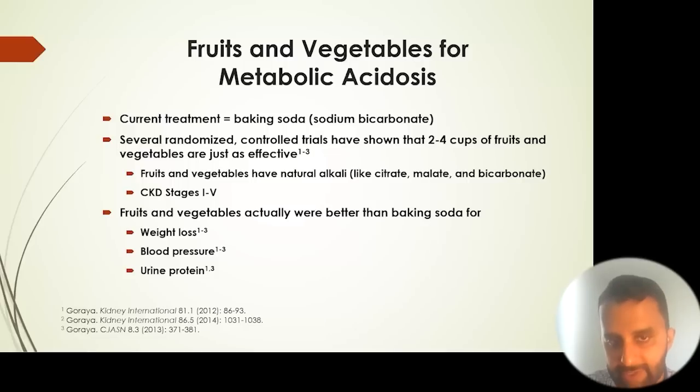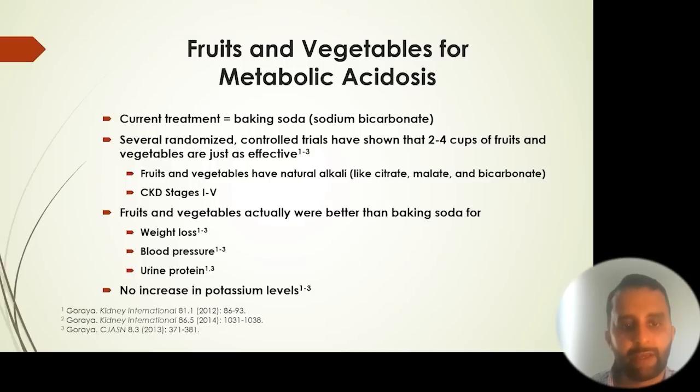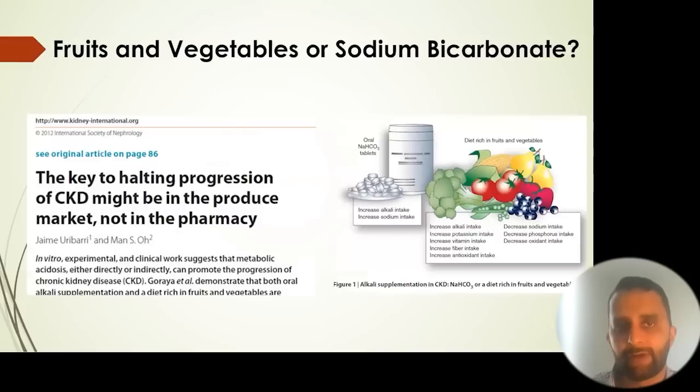What was noted in these studies is that those who ate the 2 to 4 cups of fruits and vegetables had more weight loss, lower blood pressures, and lower amounts of urine protein. So there's just more benefit to eating these foods as opposed to taking a pill. And again, despite these foods being plants, there was no increase in potassium levels. We'll talk about this a little bit later.